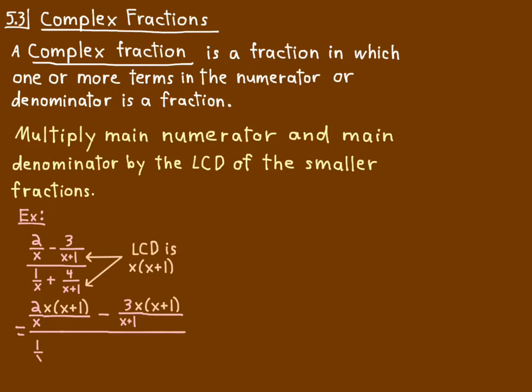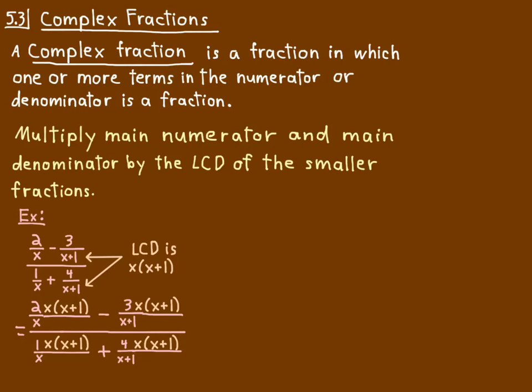Now, notice I'm multiplying the main numerator, not the top and bottom of each of the little fractions. So I'm multiplying the main numerator by x times x plus 1, and that means I multiply each term of the main numerator by that, and that means that you multiply the numerators of each term by that. And then I do the same thing on the bottom.